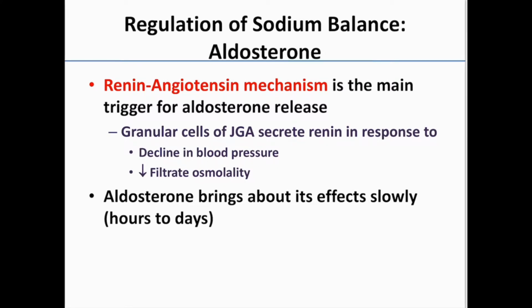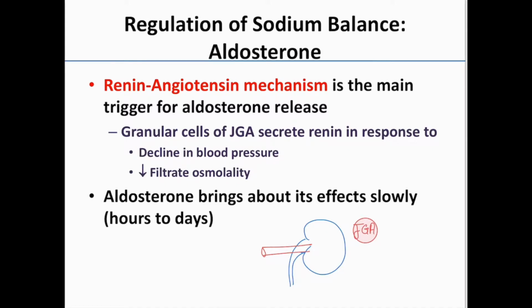If you remember, how did we stimulate the adrenal cortex to release aldosterone? The kidney detects any drop in the blood pressure through the juxtaglomerular apparatus, which was formed of 3 types of cells: granular cells, macula densa, and extraglomerular mesangial cells.